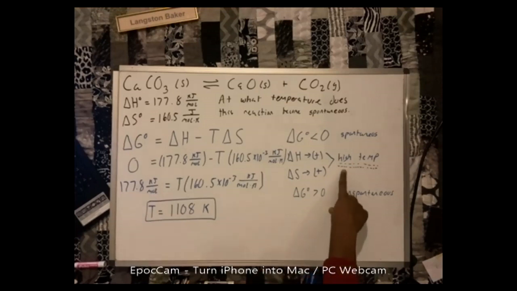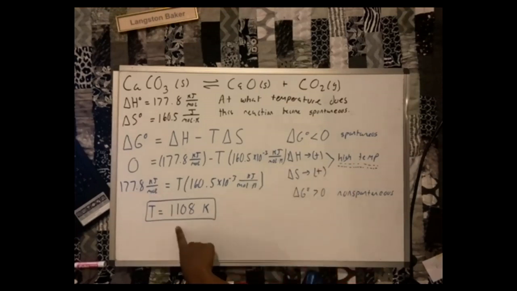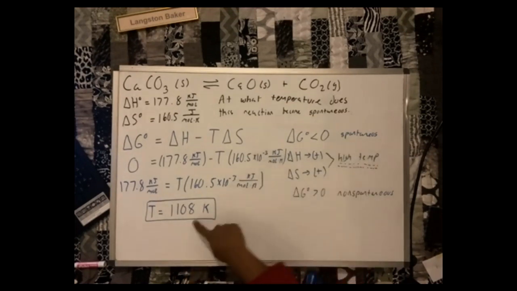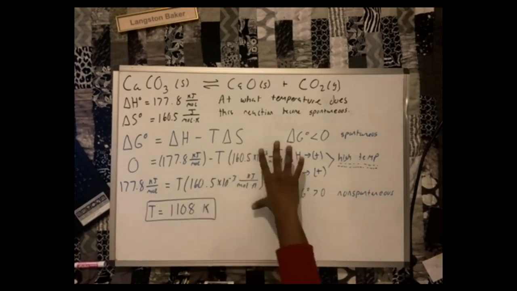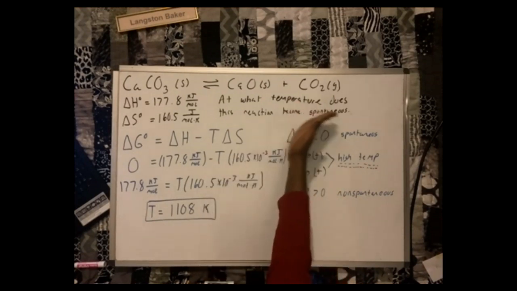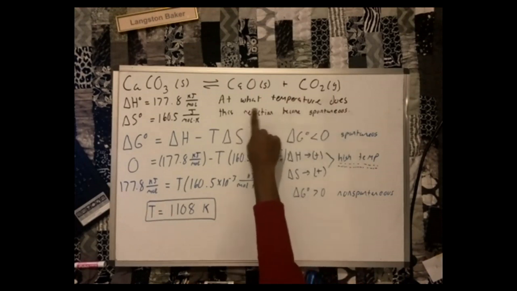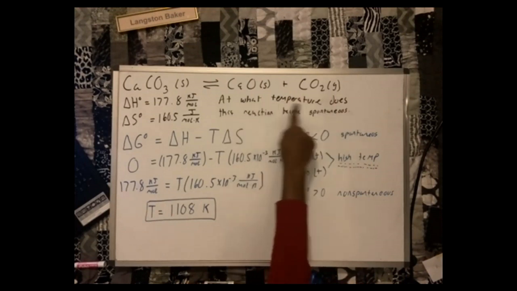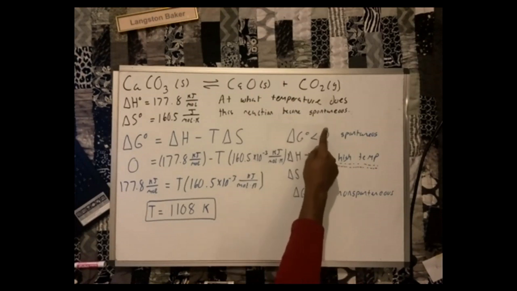Above this one, it'll be spontaneous. So when it says high temp, this is the temp it's referring to, when delta G is 0. That may be confusing, but this is the main section you'd have to worry about, because I think we did a PowerPoint example like this, where it's like, at what temperature does this reaction become spontaneous?